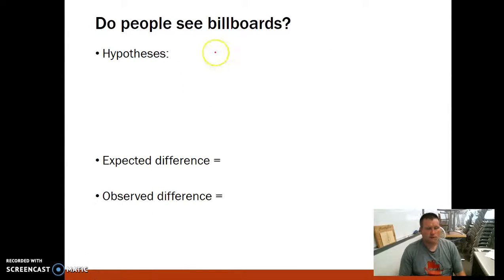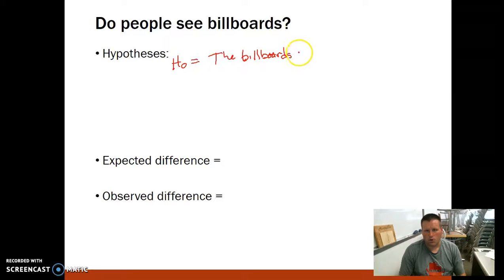Okay, same steps. We're going to write our hypothesis to start with. Start with your null hypothesis. When we're doing two sample tests, we just want to know, is there a difference? So our null hypothesis is just going to state that the billboards have no effect.